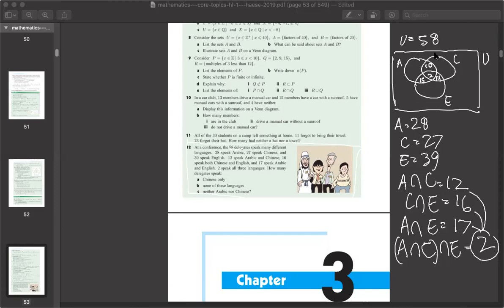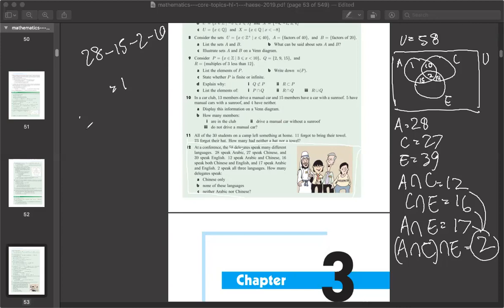Now you can easily find this part by doing 28 minus 15 minus 2 minus 10. That gives you 1.